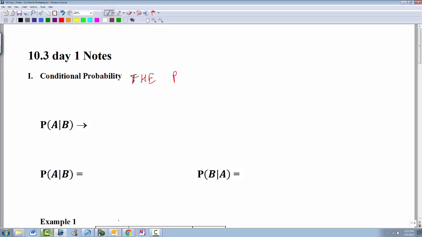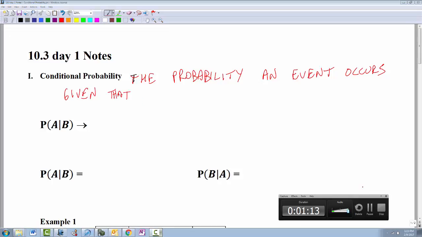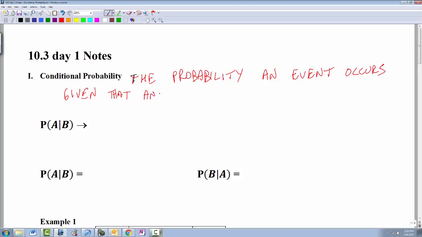The probability an event occurs, given that another event has already occurred. That's the conditional part.